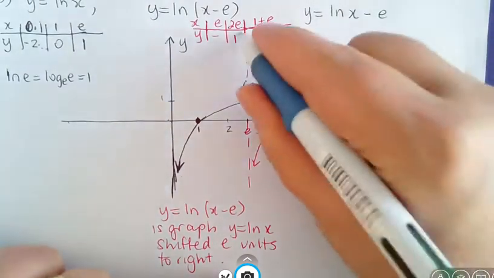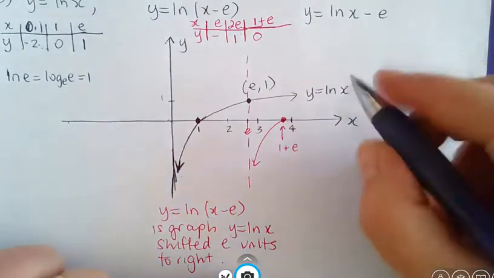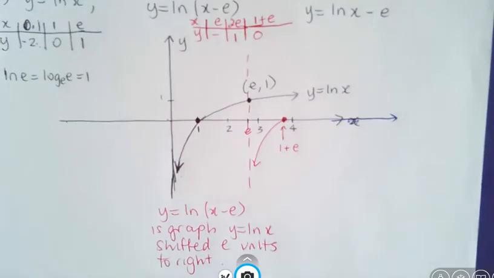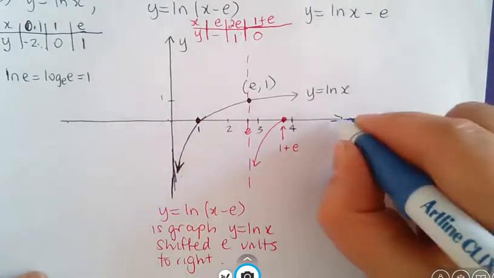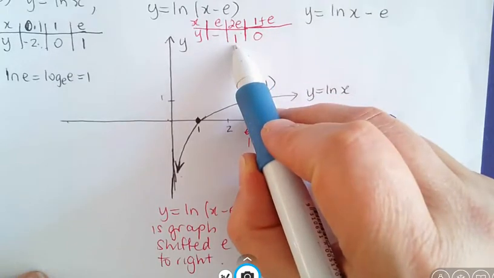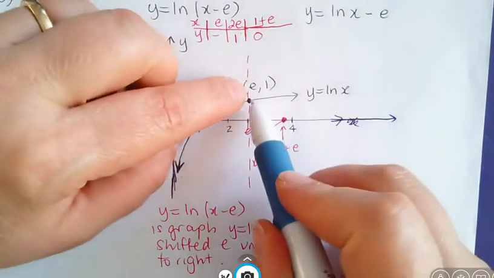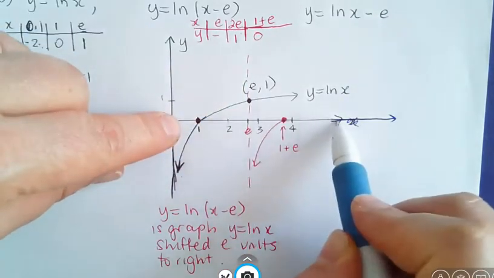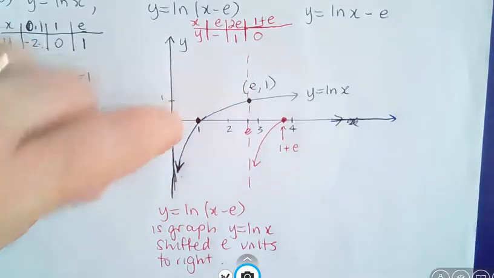What's my new point? We've done it. Anyone? E, 1. E units across from there is, we've done it up here, 2e, 1. So look, if you move e units across, instead of going e, 1, you go 2e, 1.